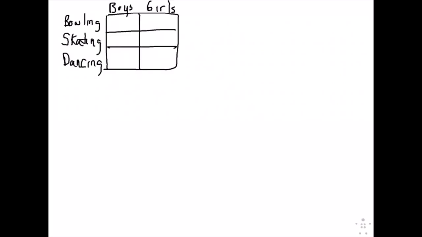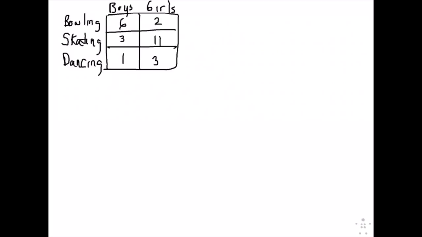So they were going to see if the activity was dependent on whether you're a boy or a girl, right? So they did a survey, right, and they got some data. So this is the number of boys that voted for those things and the number of girls. Now, I would probably make a guess that the activity is dependent on whether you're a boy or girl, but let's see if that's true.